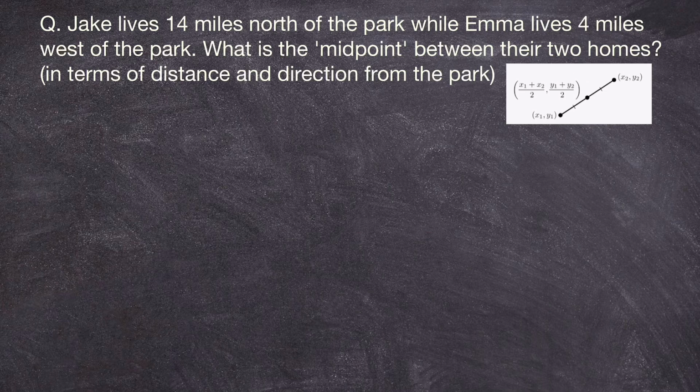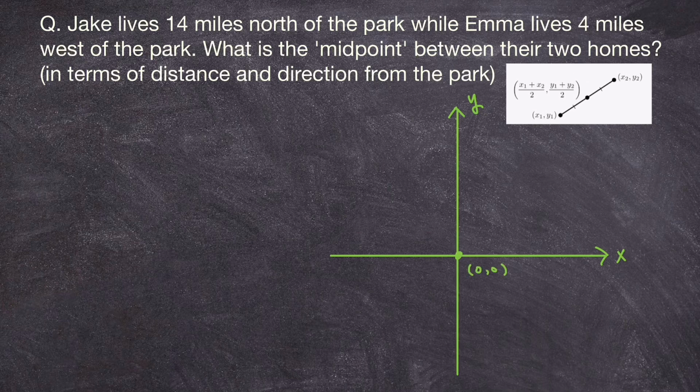You draw a diagram where you can come up with your own coordinates. So let's go ahead and do that. I'm going to draw x and y coordinates. That's the x coordinate, that's the y coordinate, and this point is 0, 0, and that's going to be our park.